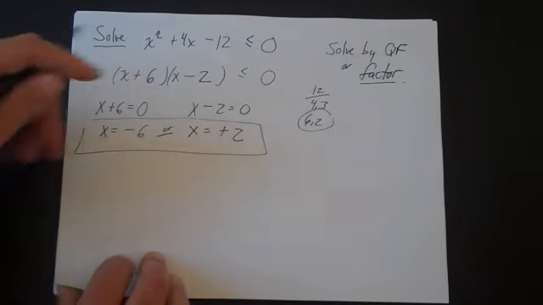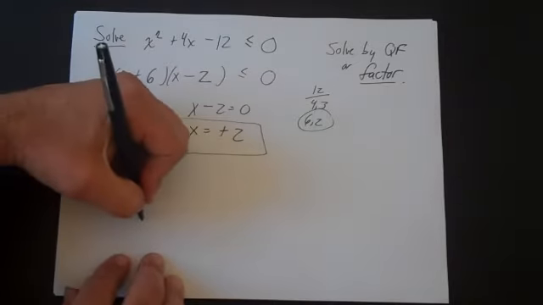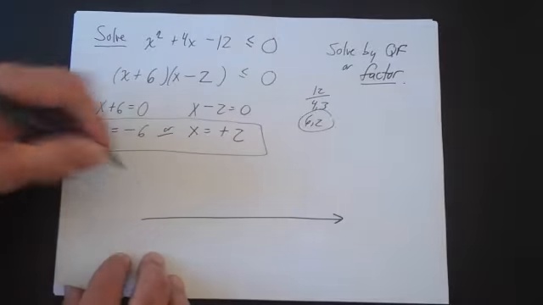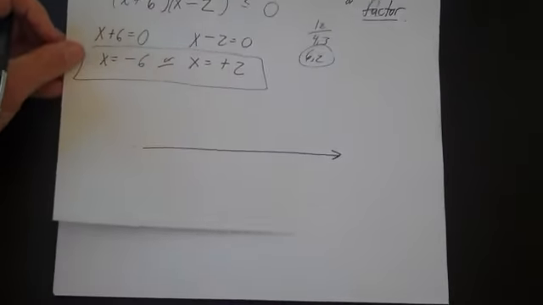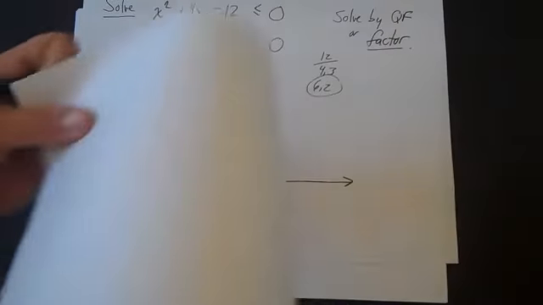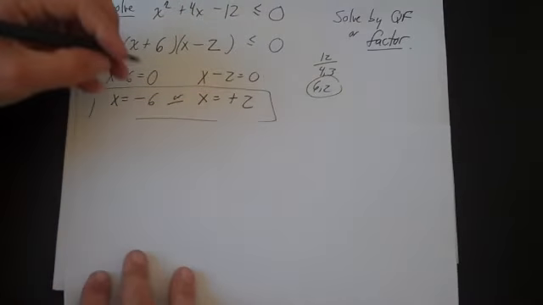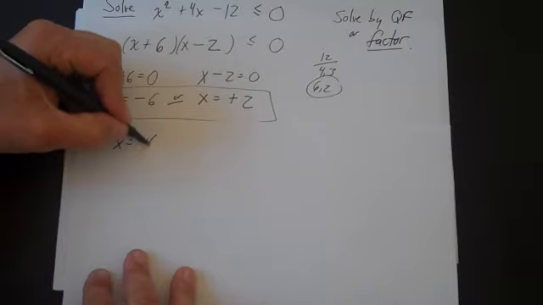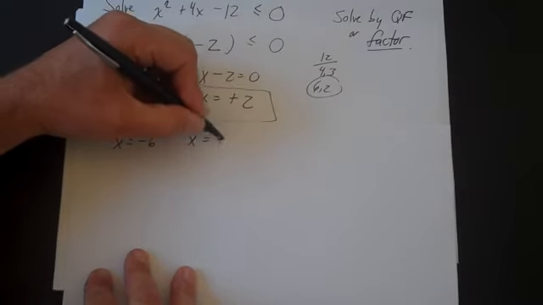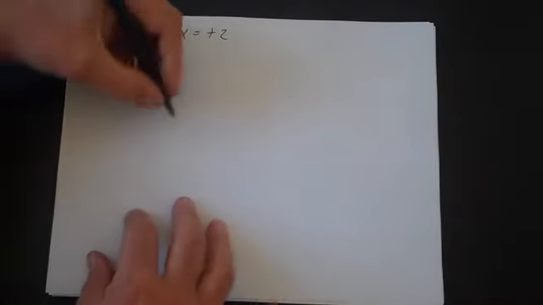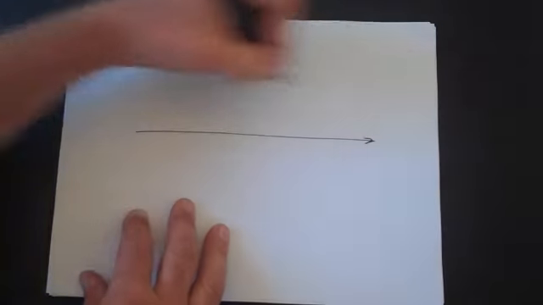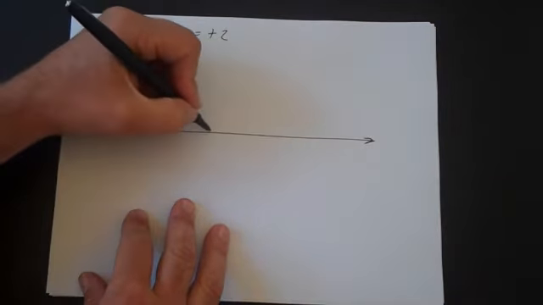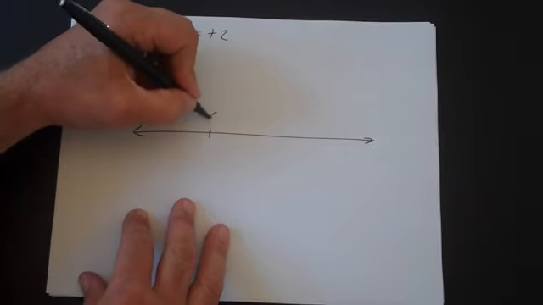Next we're going to draw a number line, and I'm going to do this on a separate sheet of paper. So we get x equals minus 6, x is equal to positive 2. Draw a number line, minus 6, positive 2.